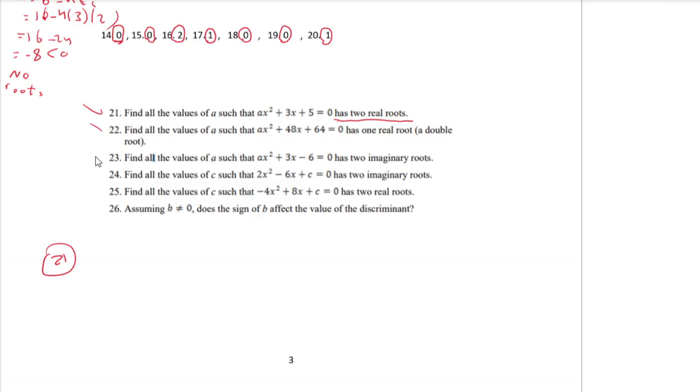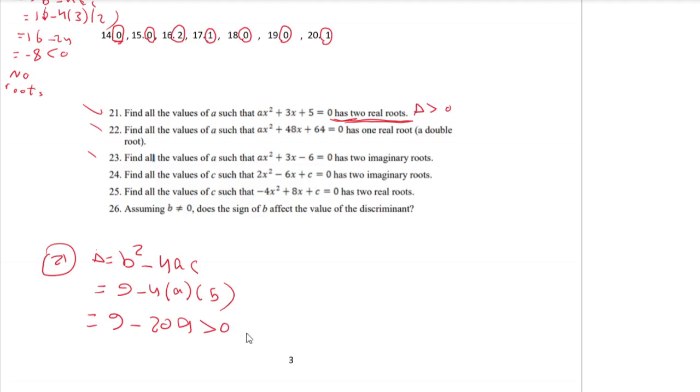Delta equals b squared minus 4ac. b squared is 9, b is 3, minus 4 times a times 5, so it's 9 minus 20a. He said it should have two real roots, which means delta should be positive.